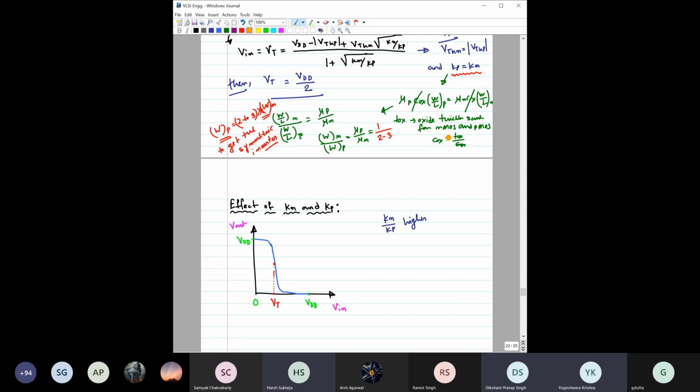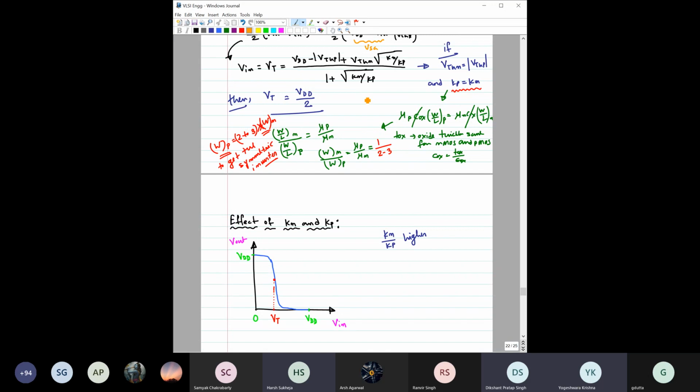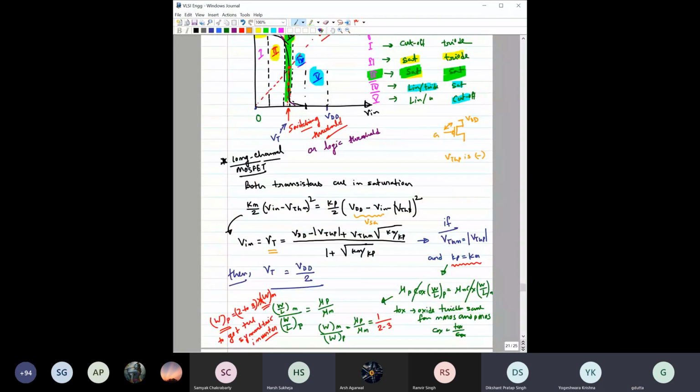From there we can observe that if we increase Kn by Kp, then the voltage at which both transistors are in the third region, I don't remember the name, yes, that region.